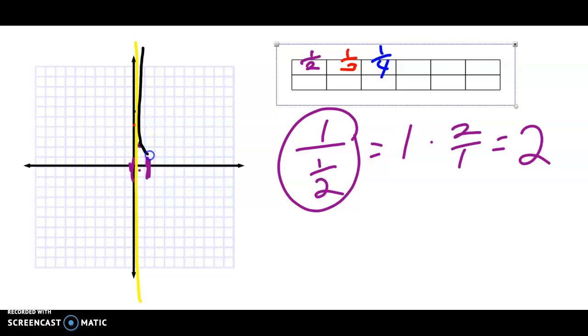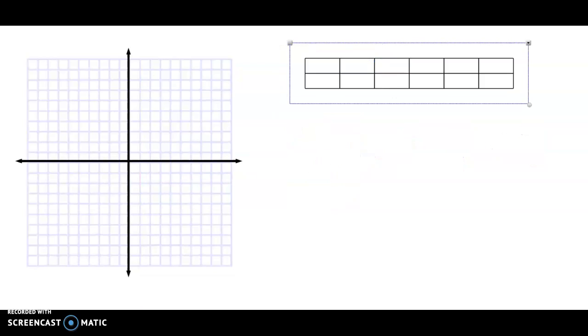So then what we actually have when you put the two together, for all the positive values, it's going to look like this. A little bit better picture. This is what the graph would look like. Now, that's the positive one. Now you can do the exact same thing on the other side of the graph. If I put a -1 in, that's going to give me -1, so (-1, -1).